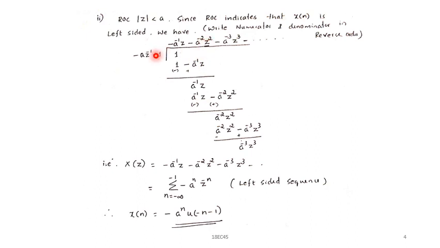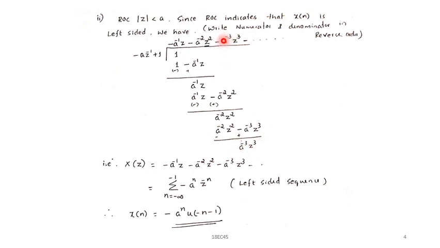And again I'll multiply this, minus a to the power minus 2 z squared, minus plus this cancels. I'll get a to the power minus 2 z squared. Again I'll put minus here, plus this cancels. Here I'll get a to the power minus 3 z cubed. Now I need to cancel this.